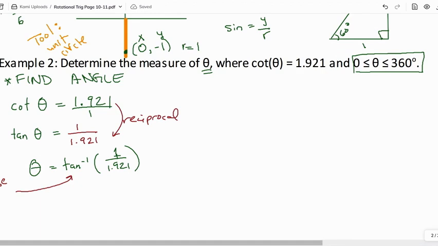Okay, punch it into your calculator. Let's give our answer to the nearest degree.